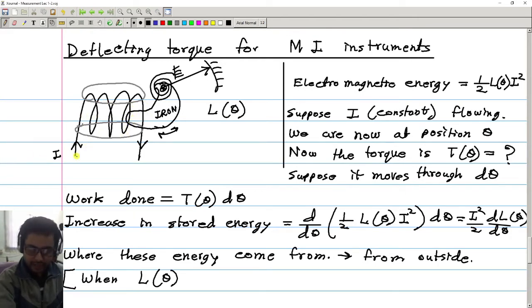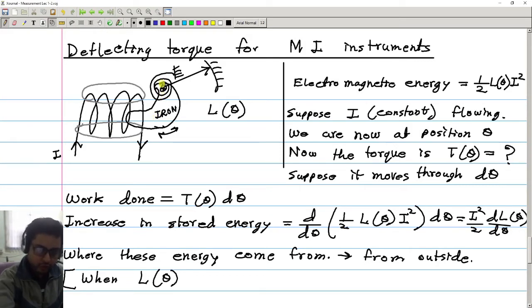Now this coil attracts this piece of iron, so some torque acts on this iron piece, and that torque we want to find out.